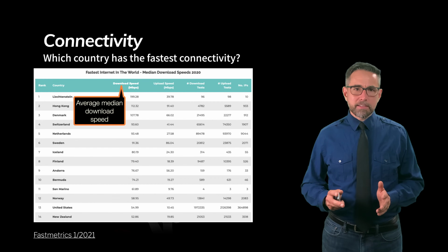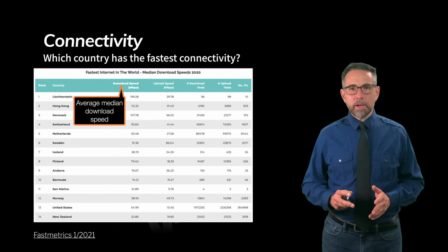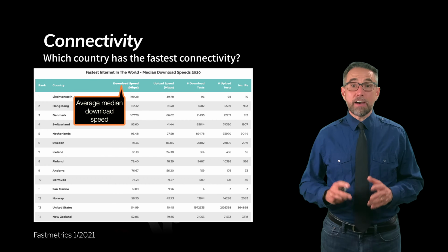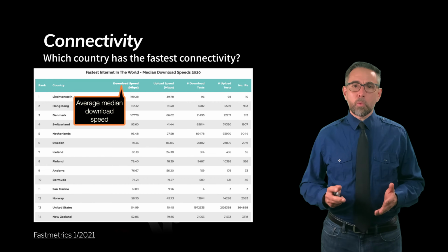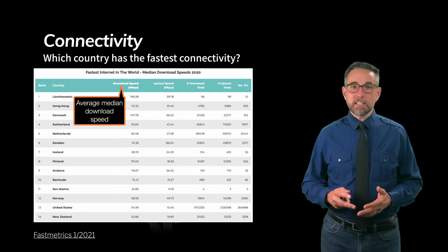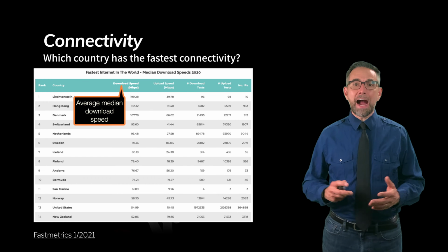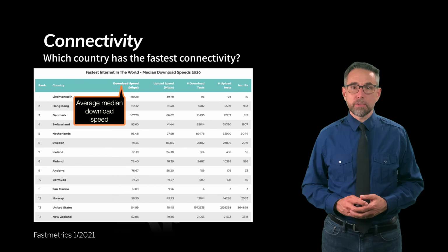But nevertheless, although Liechtenstein has the bragging rights here, what I really want to draw your attention to is that the countries that are at the top tend to have small geographic area and tend to be very wealthy. So the way that you get high connectivity speeds is to be wealthy and small, because it's easier to build out infrastructure for higher speed connections if you don't have a large geographic area that you have to attend to.